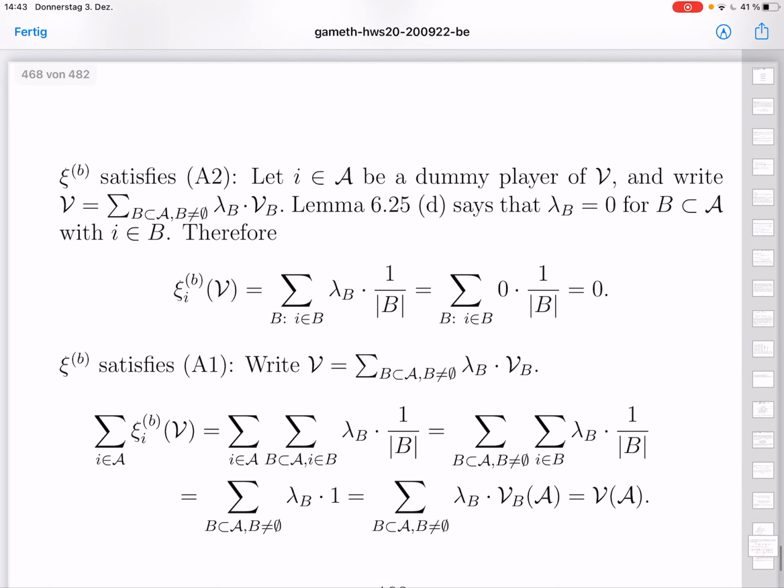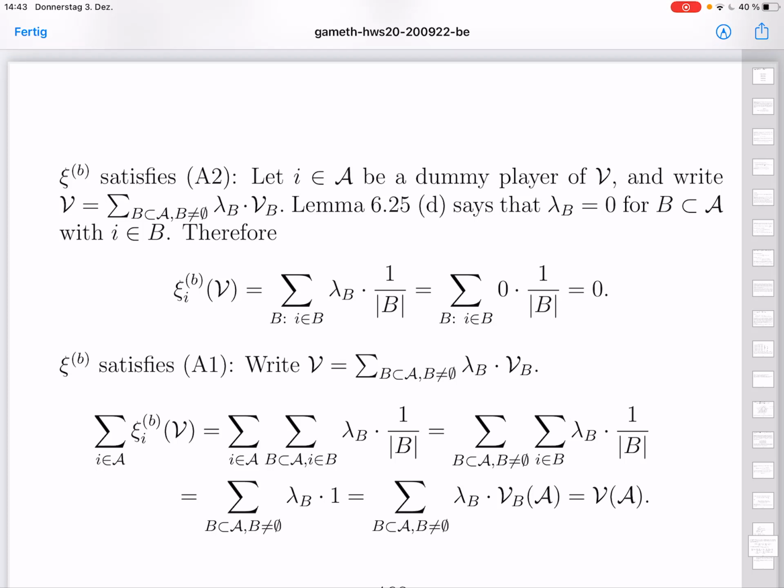Next, it satisfies axiom 2, the axiom of the dummy player. So we have given again the collision valuation, and now I is the dummy player of it, and we want to show that psi I b of v is equal to 0. So again, I write V as this linear combination of the new basis, sum of lambda b times vb.